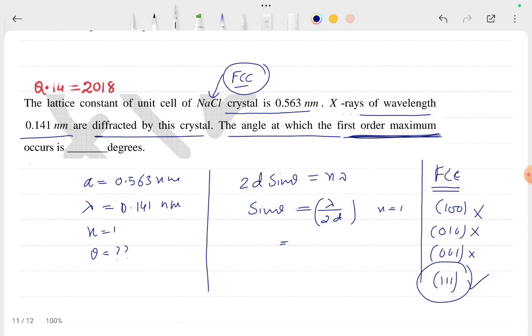Okay, so d equals 2a upon root 3 (the lambda here is a typo in the lecture), so sin theta equals root 3 lambda upon 2a. Okay, root 3 lambda upon 2a.